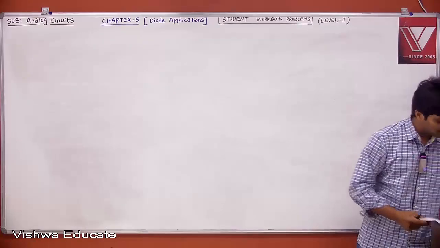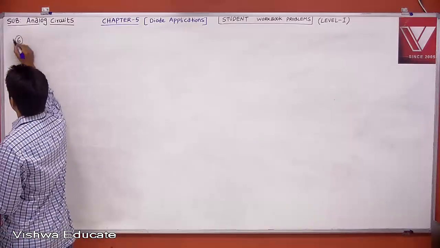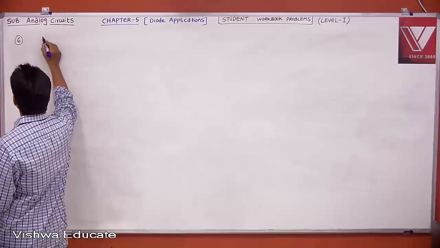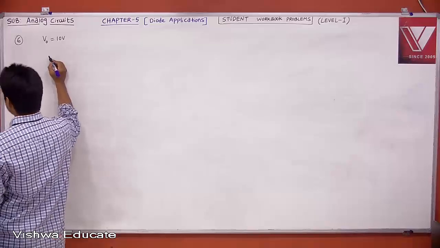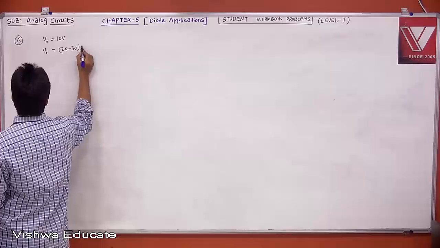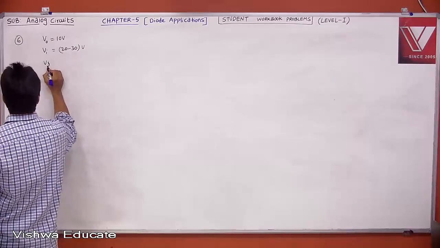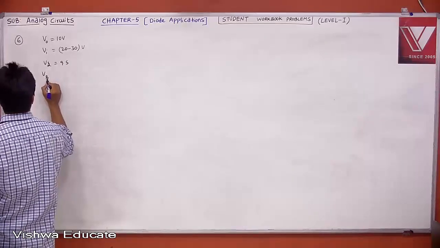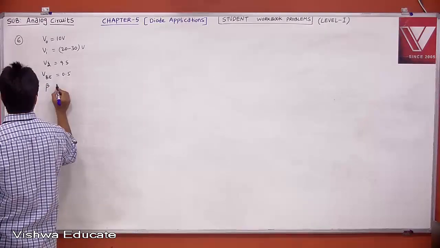The transistor shunt regulator in the figure has a regulated output voltage of 10 volts. Therefore, V0 is equal to 10 volts. When input is varying from 20 to 30, the relevant parameters for the Zener diode, VZ is 9.5, VBE is 0.5, beta is 99.